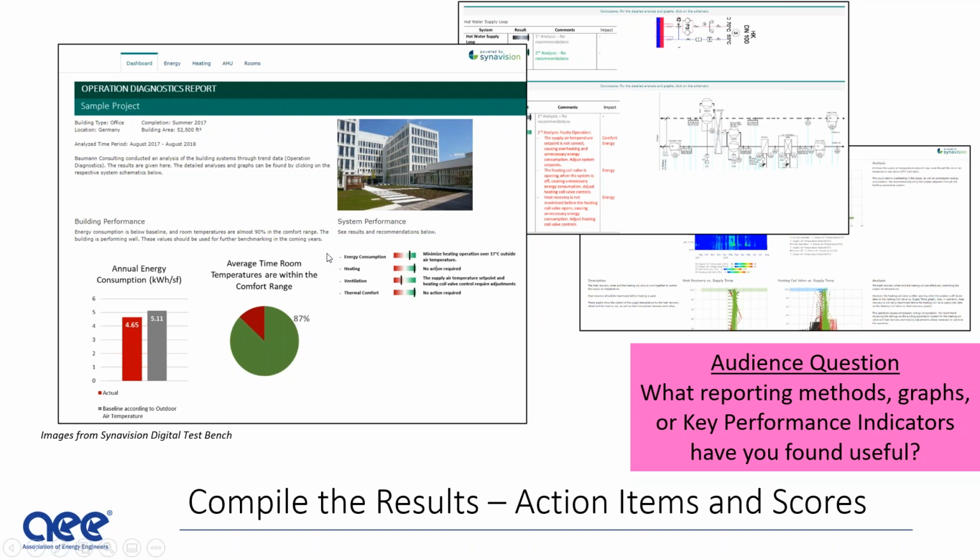Then you can click to dig down into the details of, okay, why is the air handling unit not optimal, or why do I need to adjust a temperature set point?